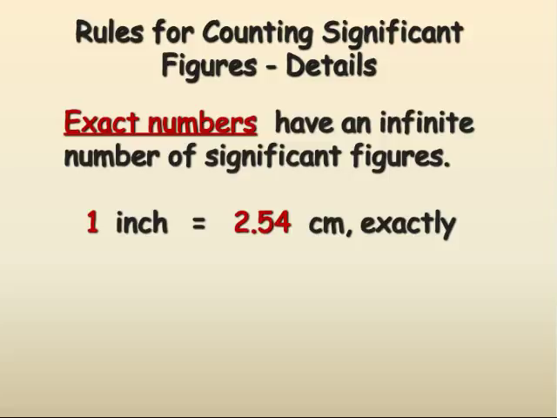Exactly. There's an infinite number of significant figures here. There's not 3 significant figures in this number right here. It's infinite. This does not limit the number of significant figures you're going to use when reporting your answer. You're not going to limit it to 3 here. It's infinite.